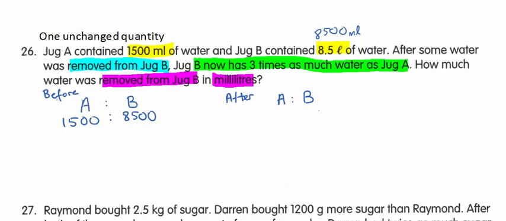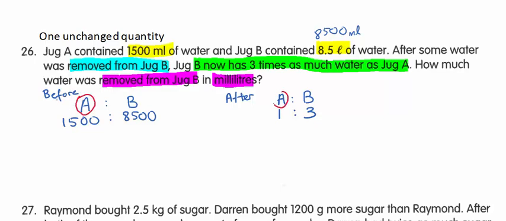B now has 3 times, so B has 3 units, A has 1 unit. Now the key for one unchanged quantity is to keep the one that did not change the same. So if some water was removed from B, A is the one that did not change, correct?